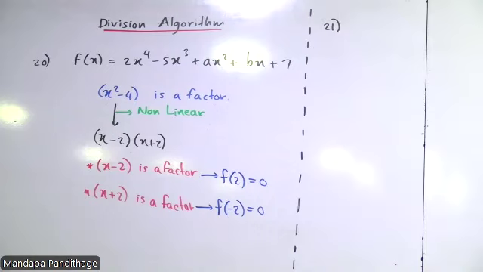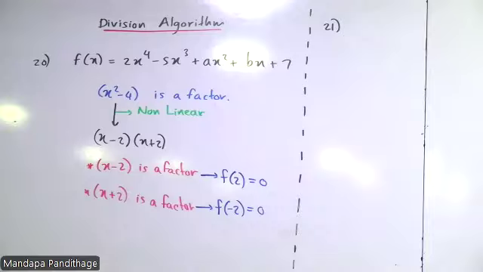I need everyone to answer, get this A and B. Same thing, you can either use the first one, the division algorithm, or you can use this method that we figured out: when a product is a factor, separately each term is a factor.